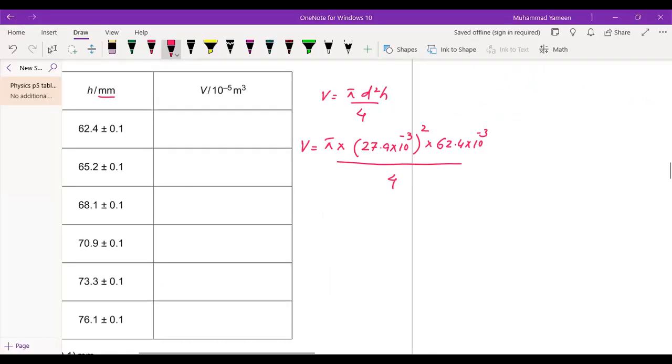So V is, let me calculate that, pi. So you can use your calculator from here.